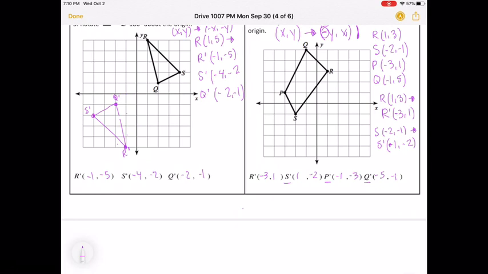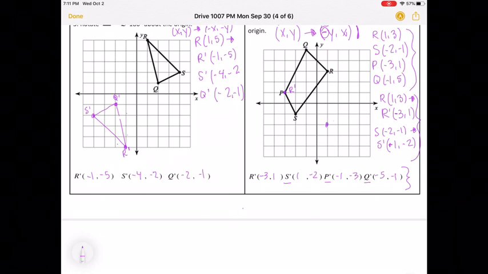Okay, so just to sum up our points: you write out the points first, find your new coordinates, and then graph those new coordinates. So I'm going to do that now. R prime is where P used to be, so right there. I'm sharing that point.